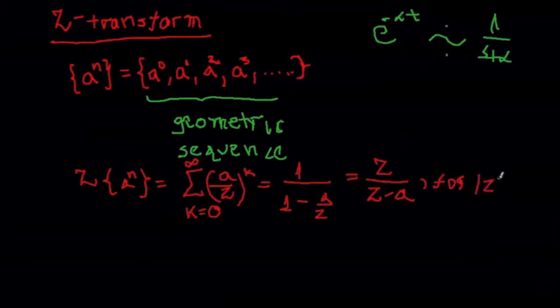And this holds for z, a complex number, with magnitude greater than a. In other words, if we have a complex plane, here in this area we will have a region of convergence. All of these will be a region of convergence.